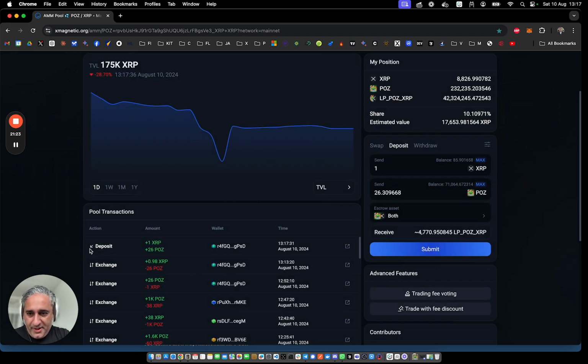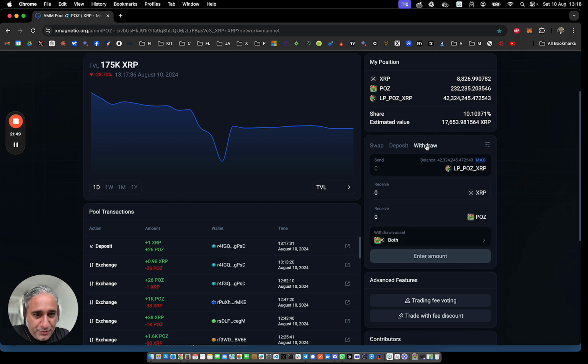And here you can see that now this transaction is a deposit, and it shows how much liquidity has been added to the pool. So the first one was an exchange, and that was me essentially taking XRP out of the pool and putting POS into it. And this is me putting that POS and 1 XRP of liquidity back into the pool.